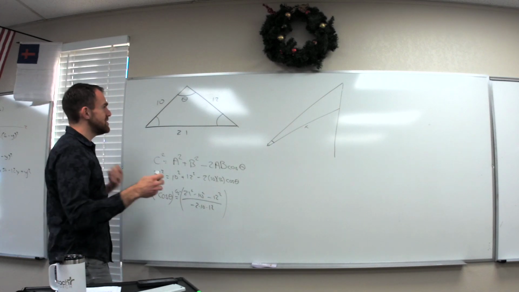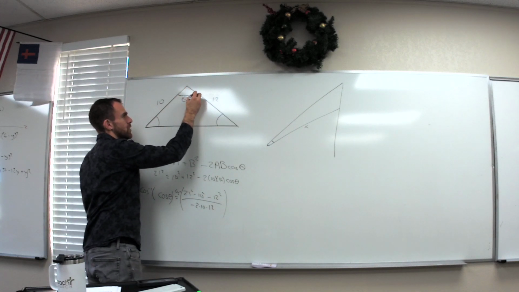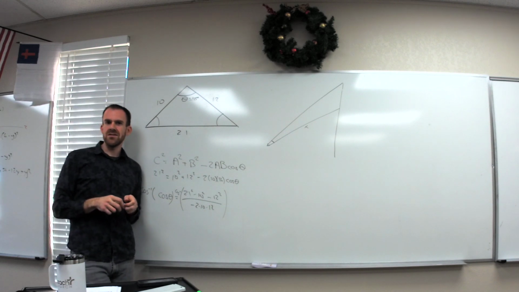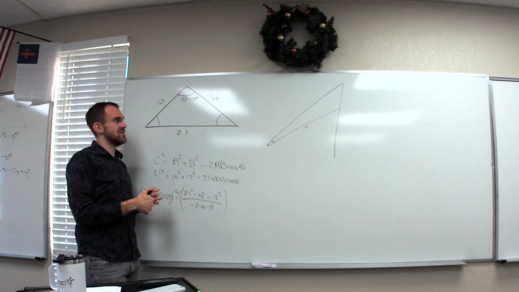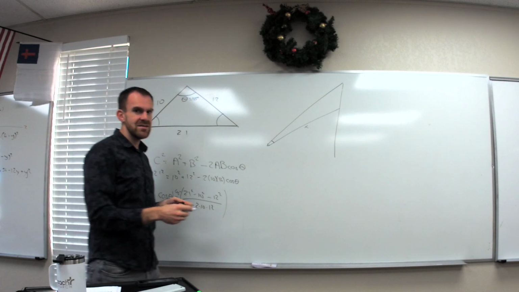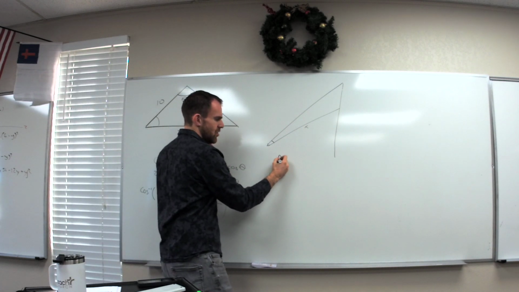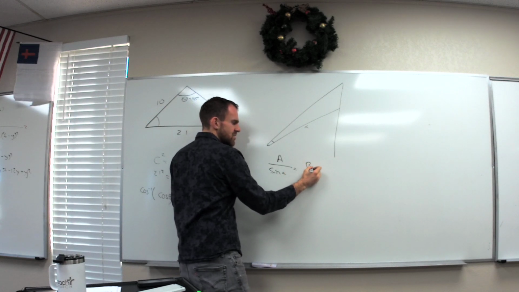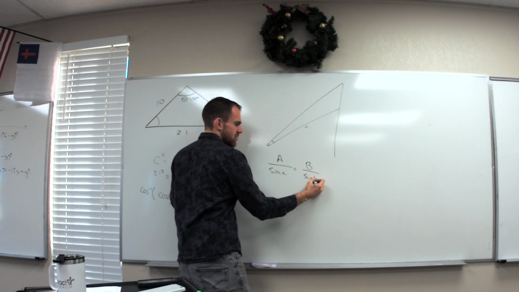145. So this angle would be 145 degrees. From there, how do I solve for the other missing parts? Well, I'm going to use the law of sines. It's the side over sine of the angle equals the other side over sine of that angle.